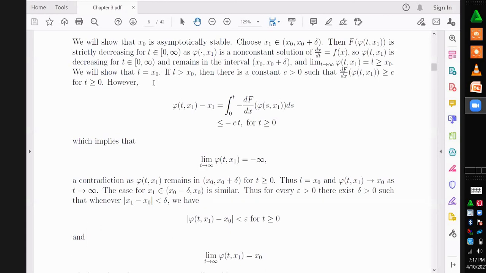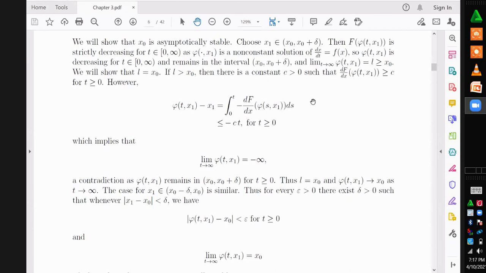So we show that L is equal to x naught. If L is greater than x naught, then there is a constant C such that dF/dx at phi(t, x1) is greater than or equal to C for t greater than or equal to 0. However, phi(t, x1) minus x1 is the integral from 0 to t of minus dF/dx at phi(s, x1) ds.